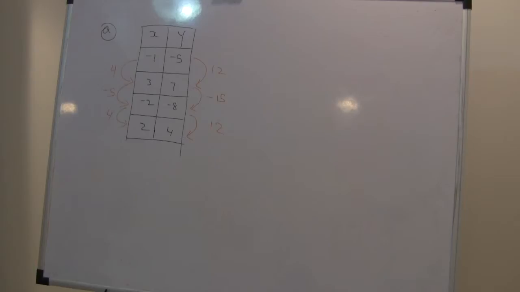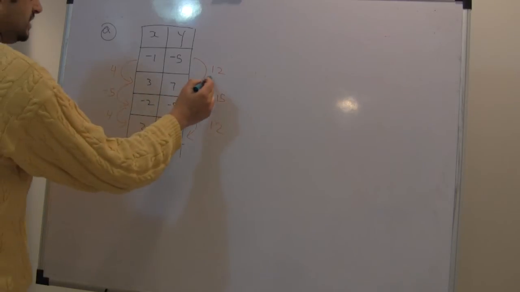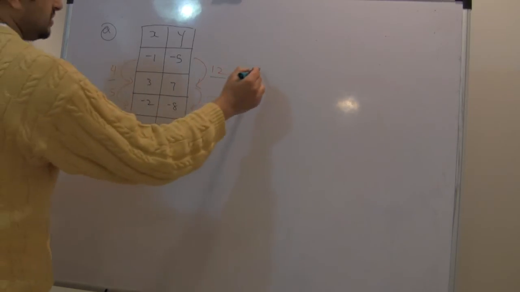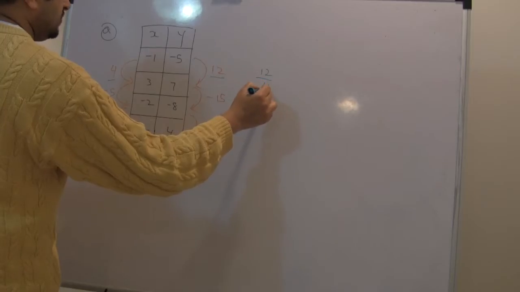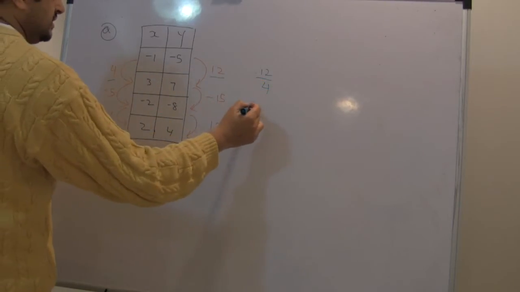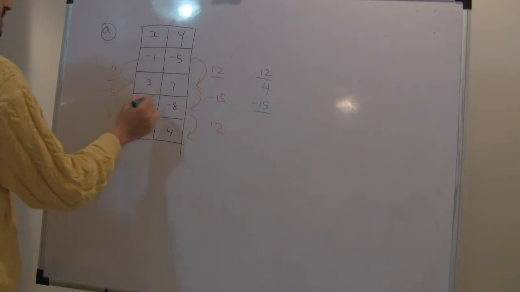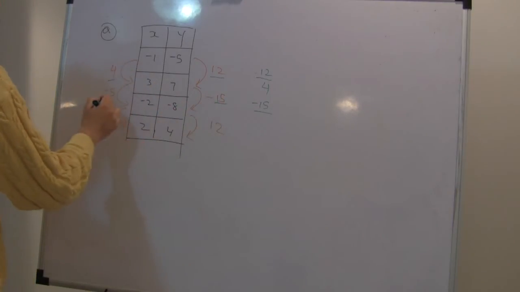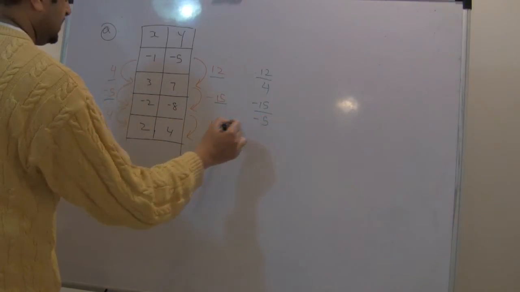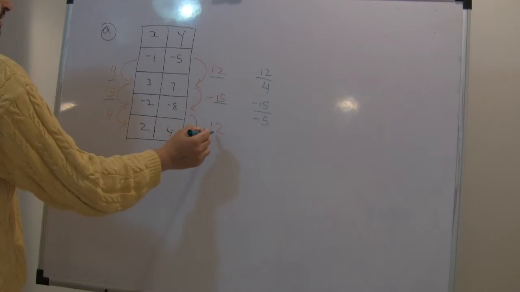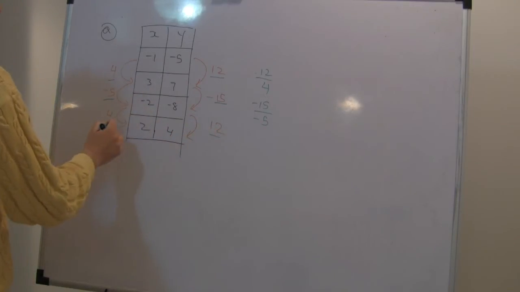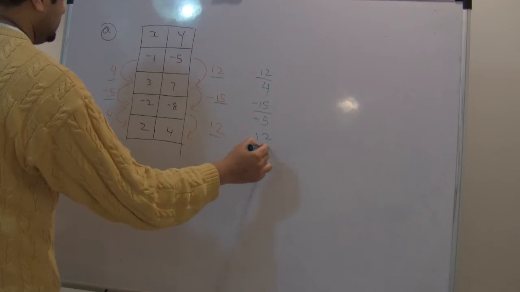Now let's find the rate, the ratio of change. That would be 12 divided by 4, then negative 15 divided by negative 5, and then 12 divided by 4 again.